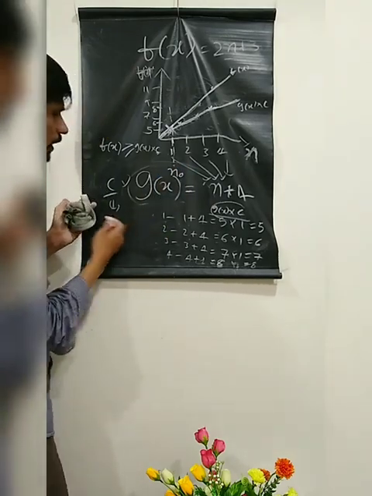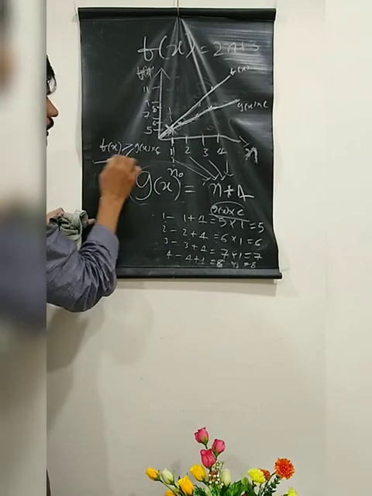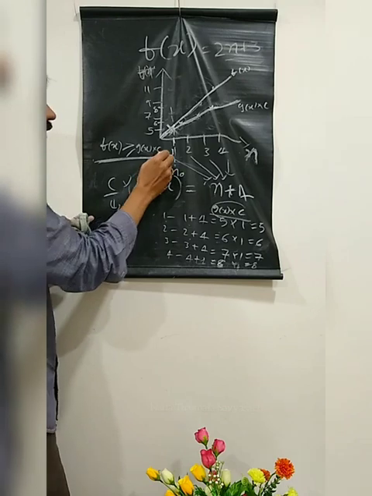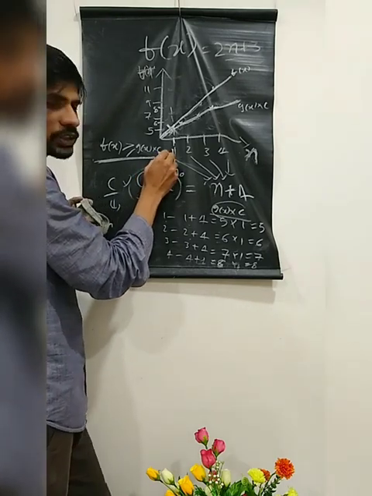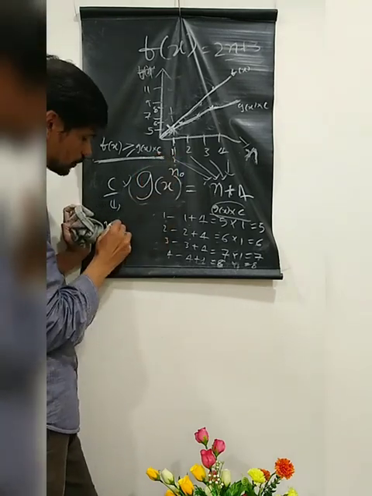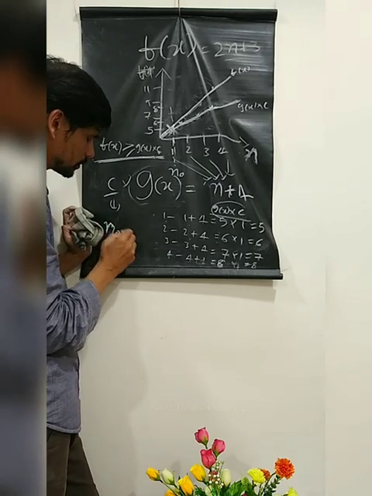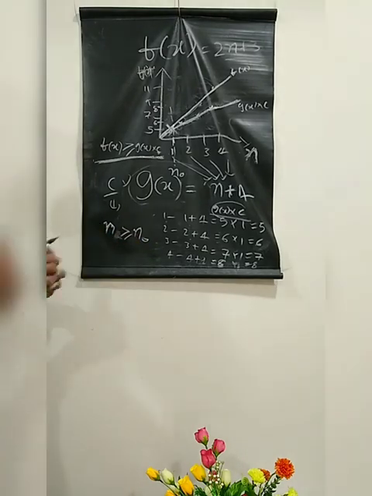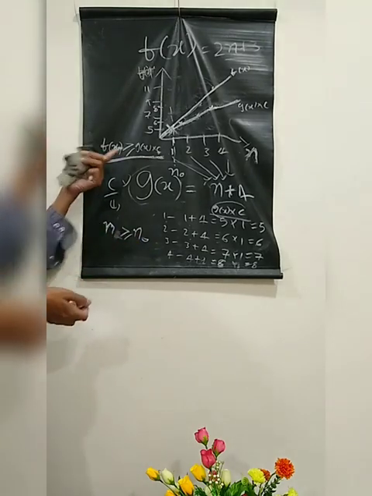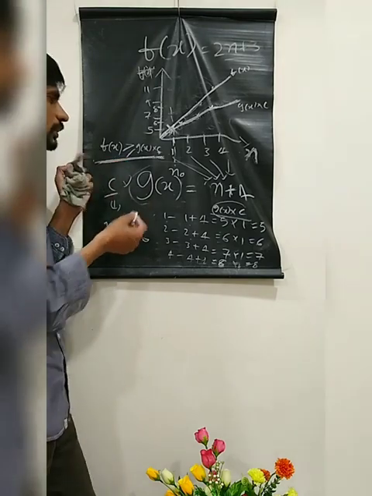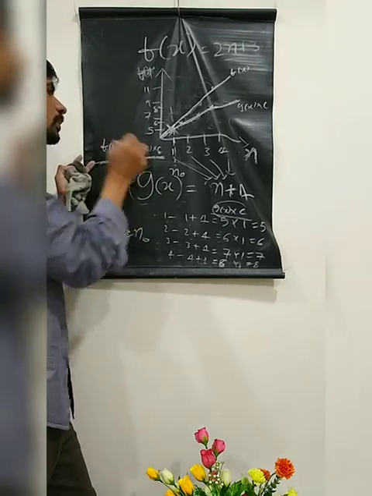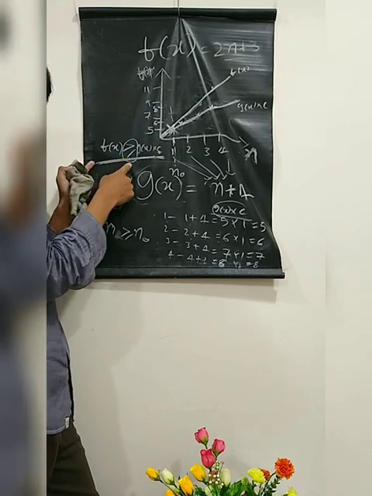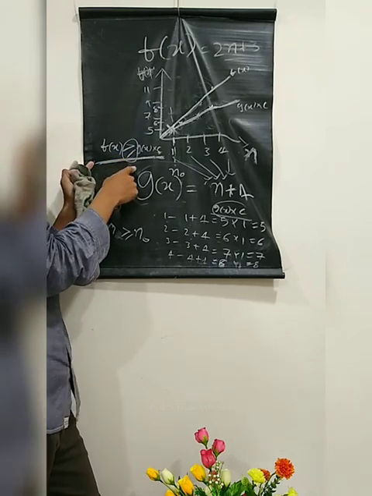So we will say this will be satisfiable if and only if I have a positive constant c and n, and that n is greater than or equal to n0. It is same as big O, right? But the big O and the big omega, what is the difference? The difference is this one. If it is big O, it is lesser than or equal to. If it is big omega, it will be greater than or equal to.